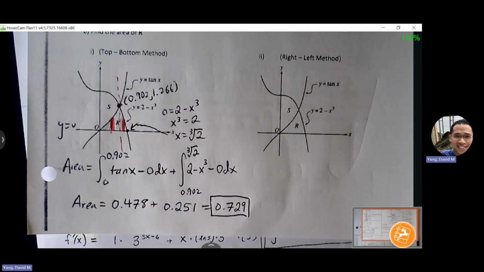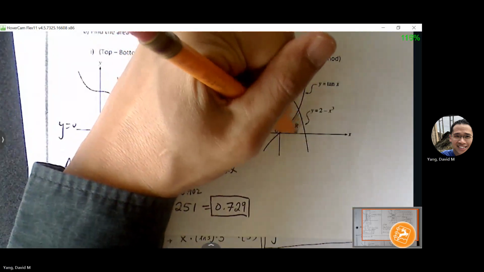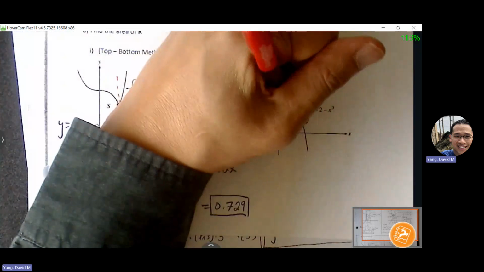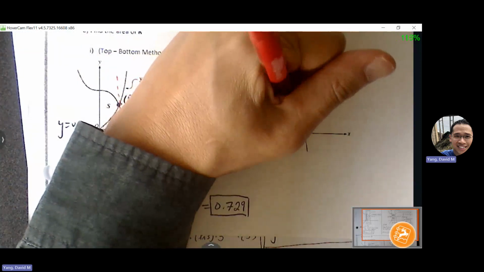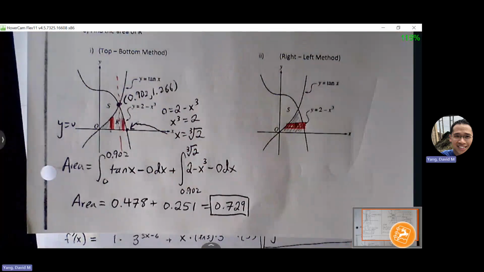Okay, let's do region R from a right minus left perspective. This requires us to change our equations, but we've already gathered everything we need from part B from above. So what's nice about right minus left for this problem? Yeah, all we need is one integral, right?